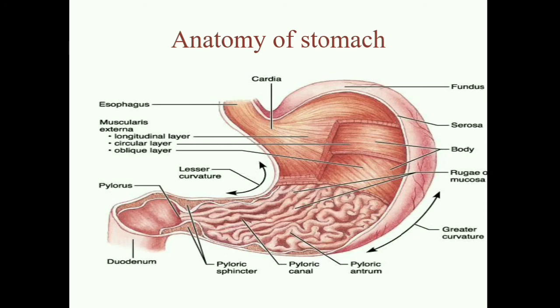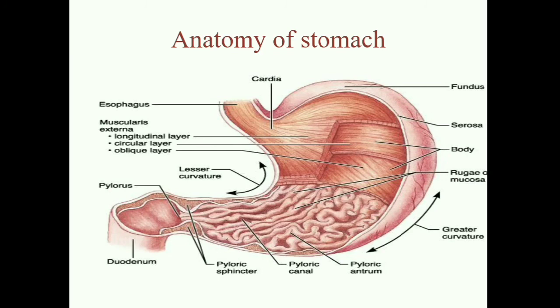Let me tell you, the muscularis layer of the stomach consists of three layers of smooth muscles: a longitudinal layer of muscles, a circular layer as well as an oblique layer of muscles. And these muscles enable the stomach to perform churning movements, which are helpful for further breakdown or grinding of the food particles.